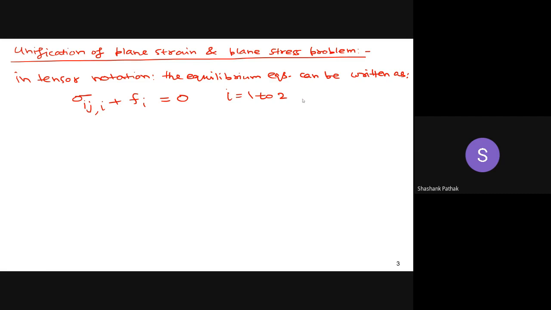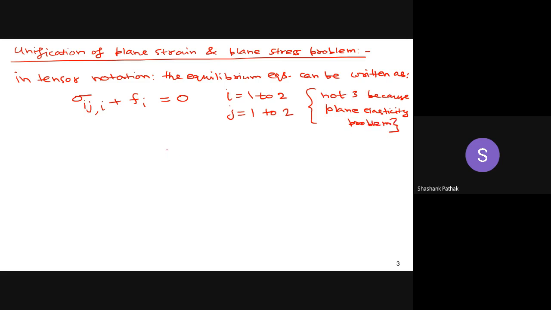So there will be only two components, 1, 2, x, y. And j will also go from 1 to 2, not 3, because even if you consider it, that part will become 0.